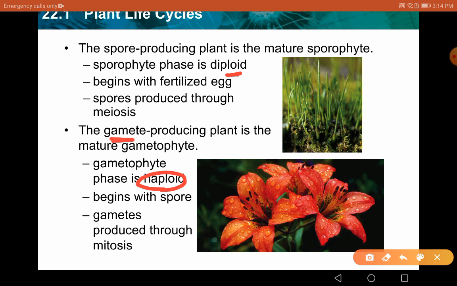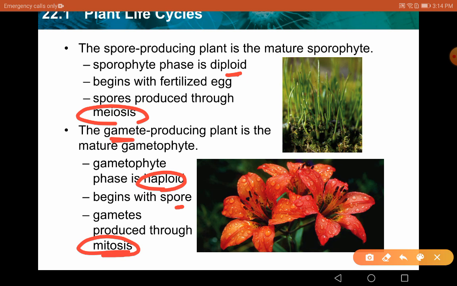Understand? The gametophyte phase begins with the spore after meiosis. And the last thing, gametes are produced through mitosis division, while in the sporophyte it is through meiosis. So these are the main differences between the two types.